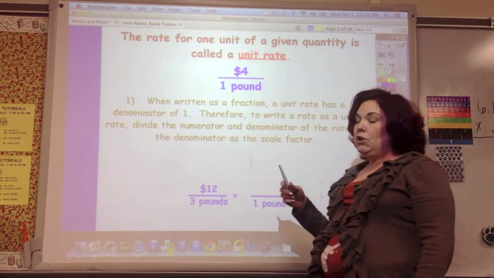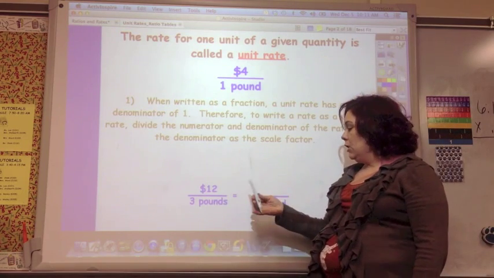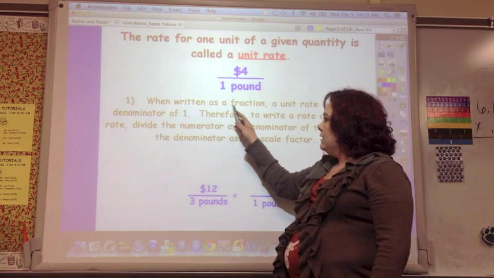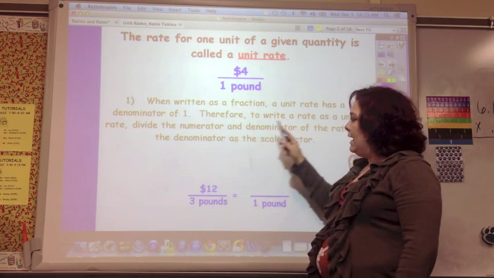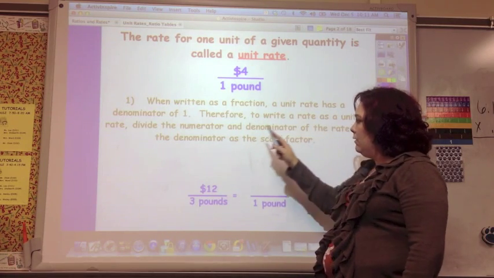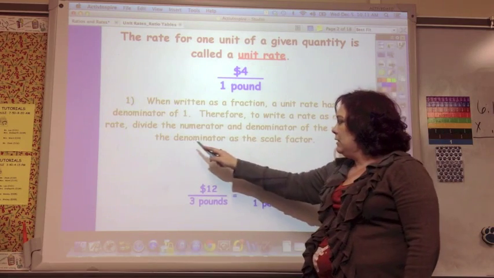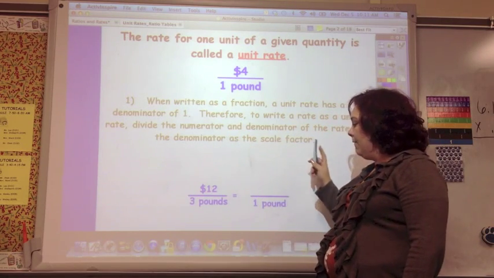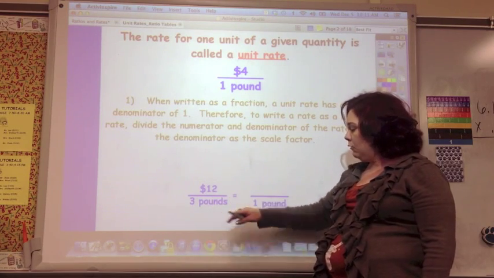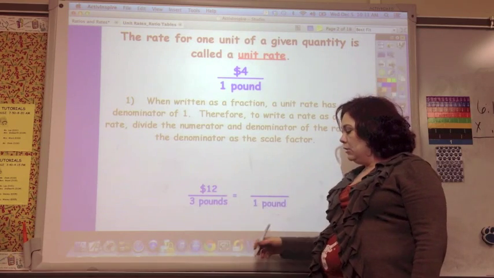So there's 2 ways of looking at reducing this to a unit rate. When written as a fraction, a unit rate has a denominator of 1. Therefore, to write a rate as a unit rate, divide the numerator and denominator of the rate by the denominator as the scale factor. So that just means if you've got $12 for 3 pounds, how do you get 3 to 1?